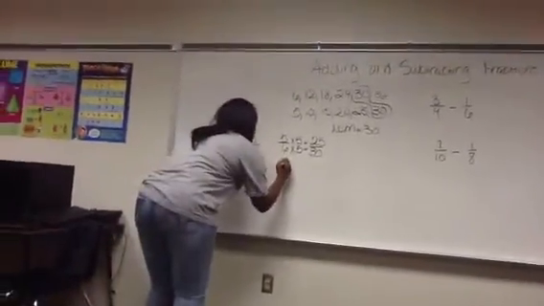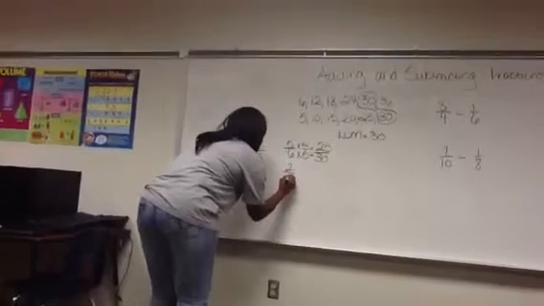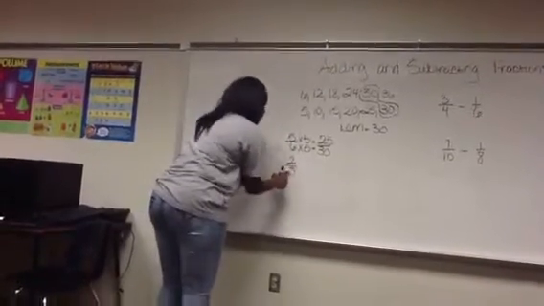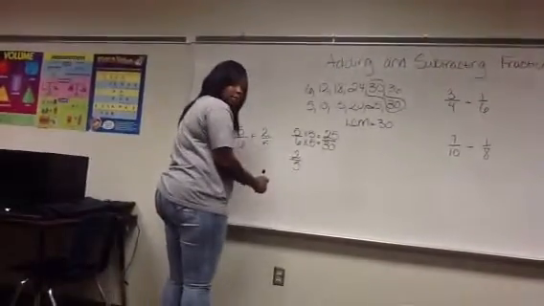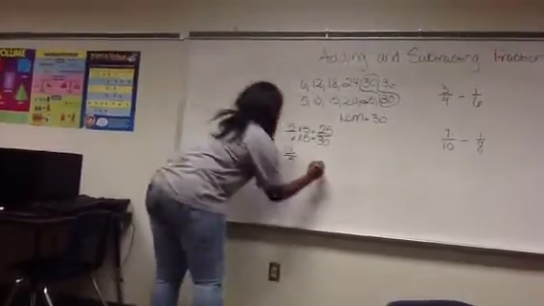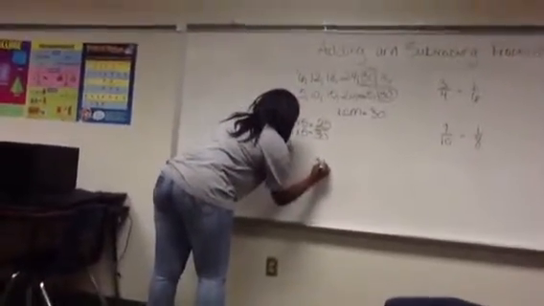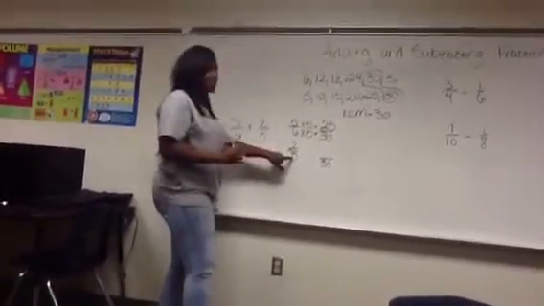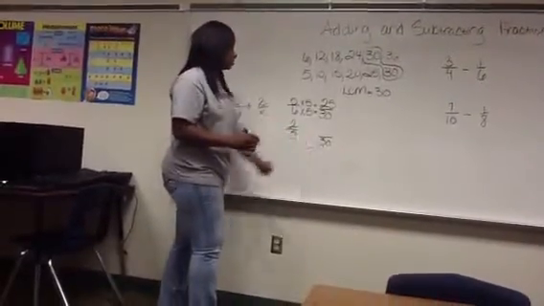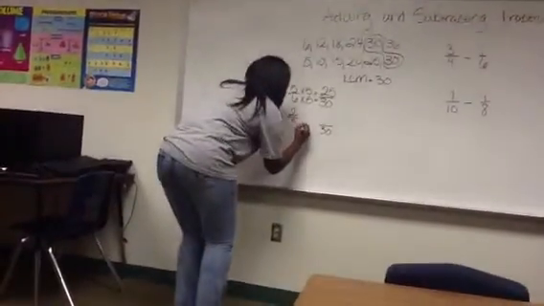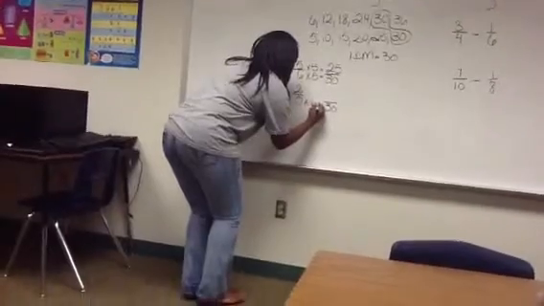Now I'm going to take care of my other fraction. It doesn't look like I want it to look right now either. 2/5. Right now I have a 5 in the denominator. I'd like for it to be a 30. So what can I do to the 5 to make it equal to 30? If you said multiply by 6, you're correct.